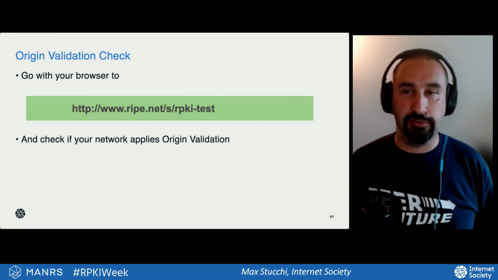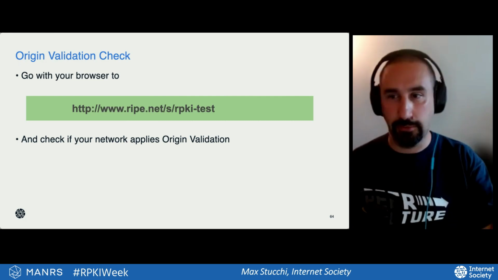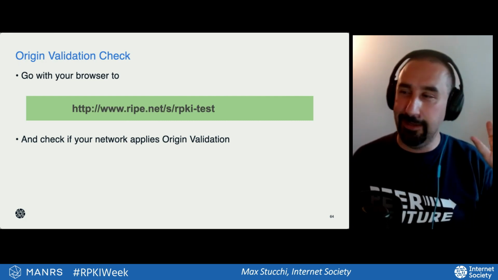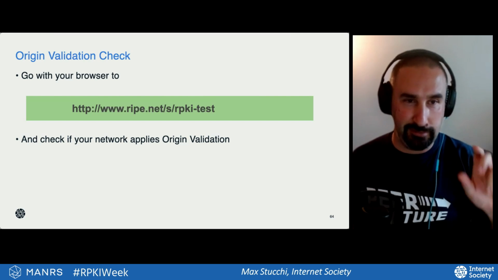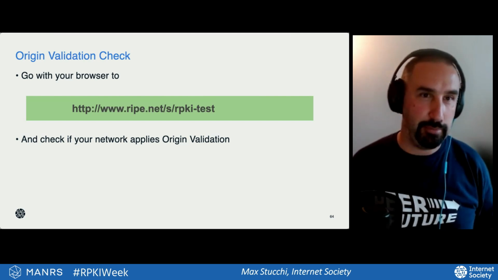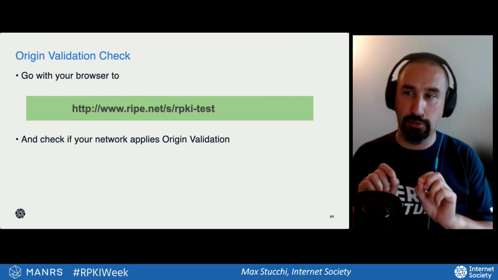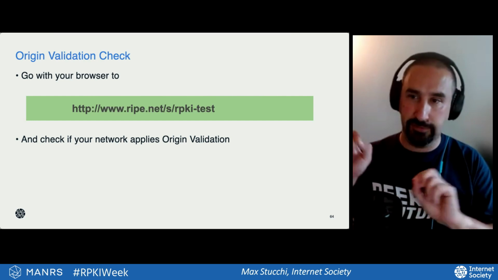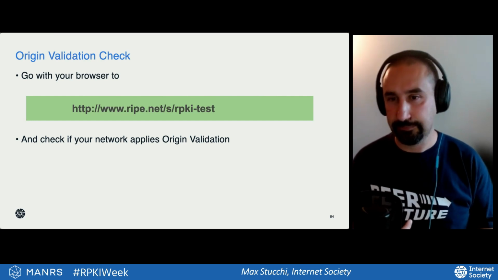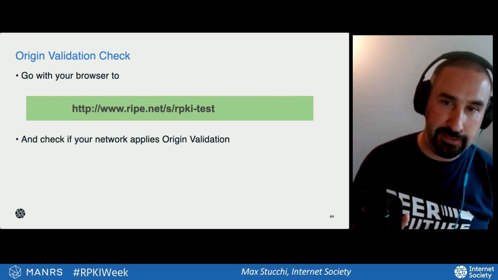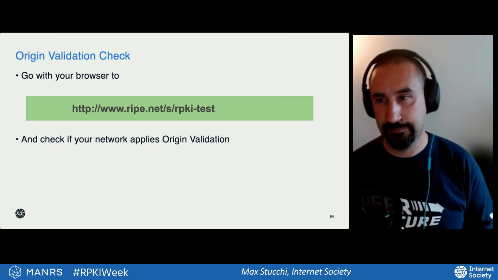Anyway, the way it works is, the way it worked or will work is, you open this page with your browser. The page tries to open two different files that are hosted on two different networks. One network validates, the other one doesn't.